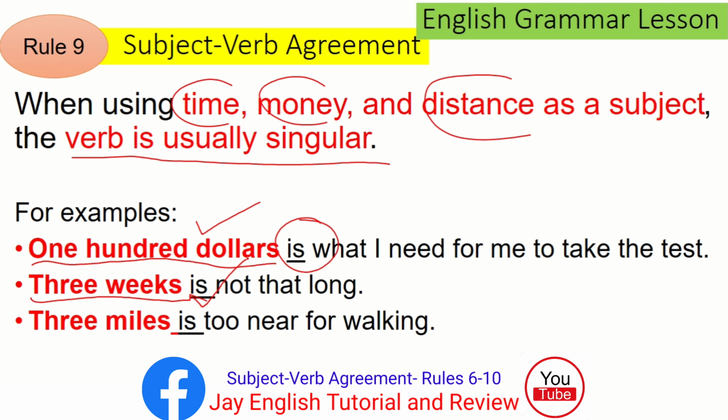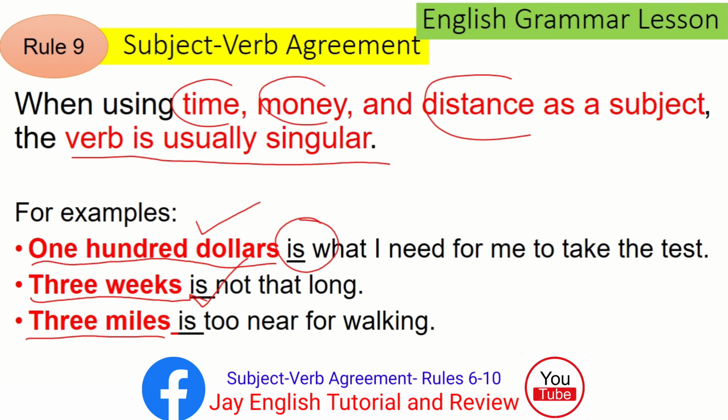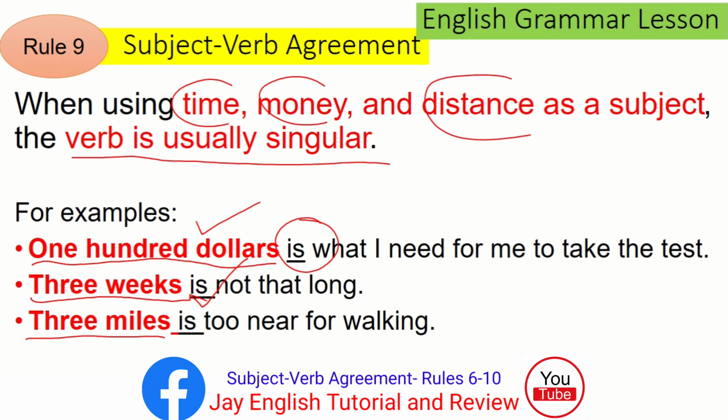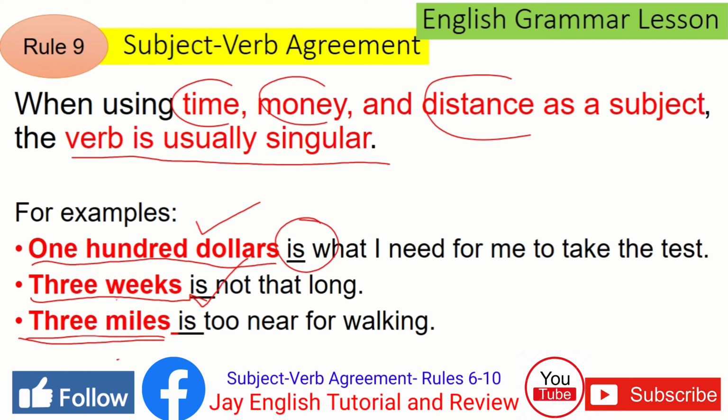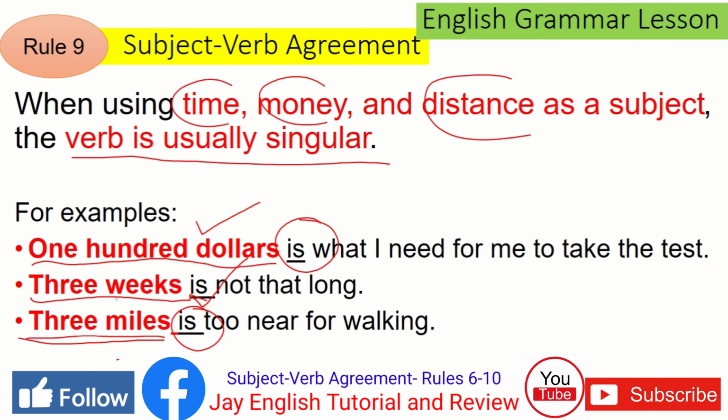So we have here 3 miles, an expression of distance. Though it sounds plural because of the 3, if we stick to what the rule says, when using distance as a subject of your sentence, the verb is singular. That's why we're using the verb is here, not are or the other linking verbs.